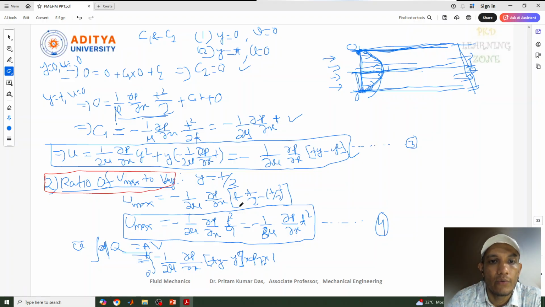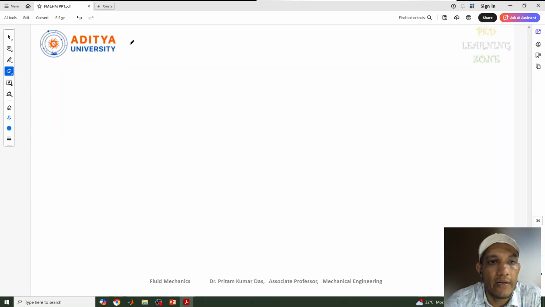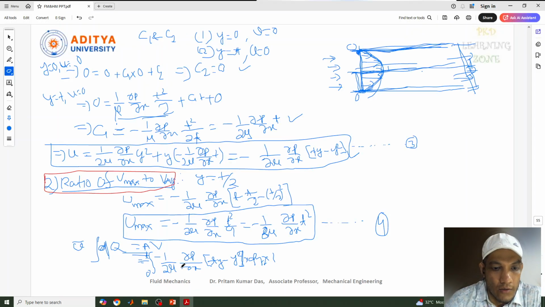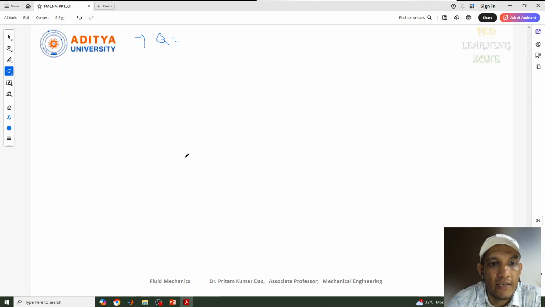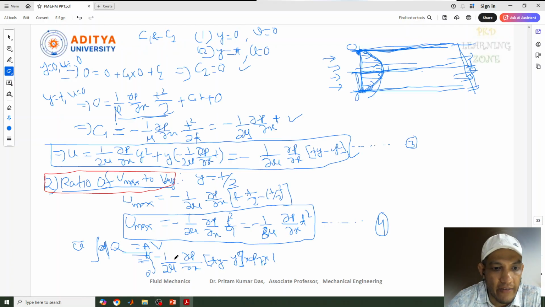After integrating dQ, we get Q. The constant terms, minus 1 by 2 mu del p by del x, are taken outside.